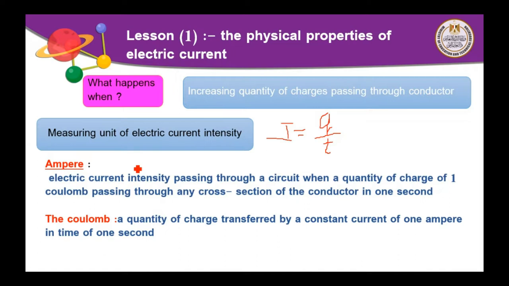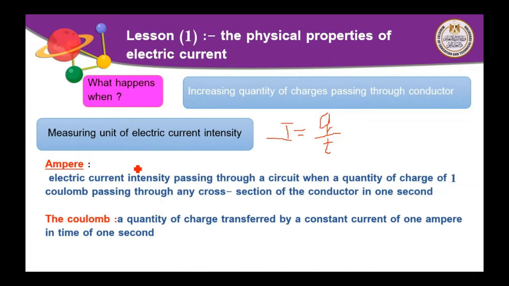A coulomb is quantity of a charge transferred by constant current intensity equal 1 ampere in time equal 1 second. So I defined the coulomb by the ampere and the second. So again, the coulomb is quantity of a charge transferred by current intensity equal 1 ampere in 1 second.